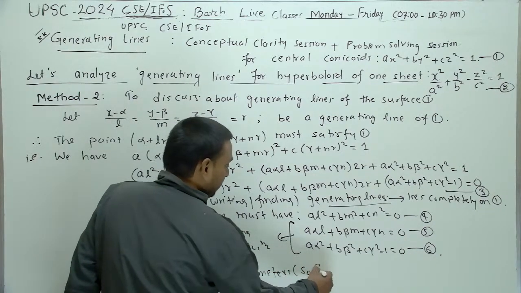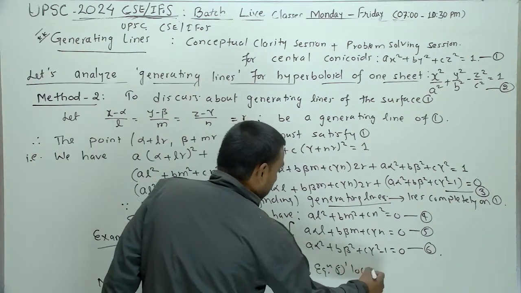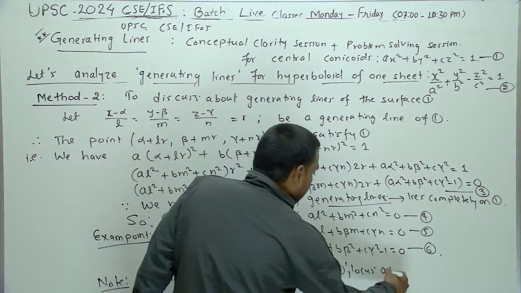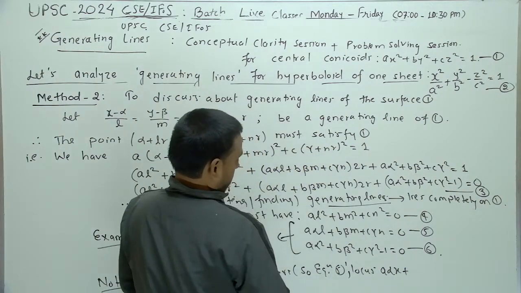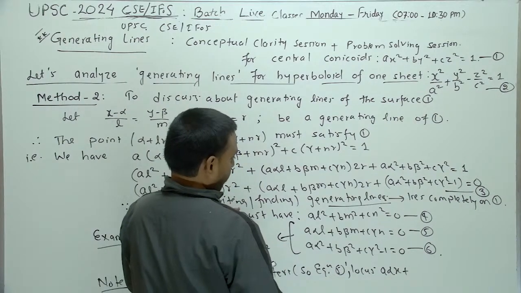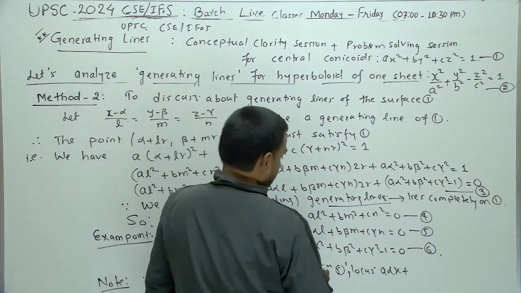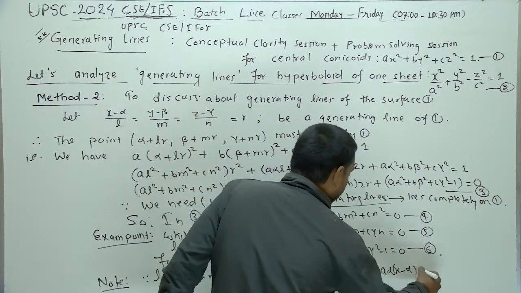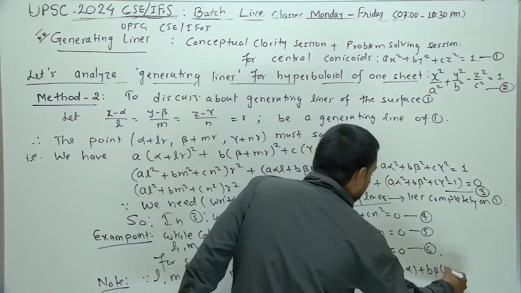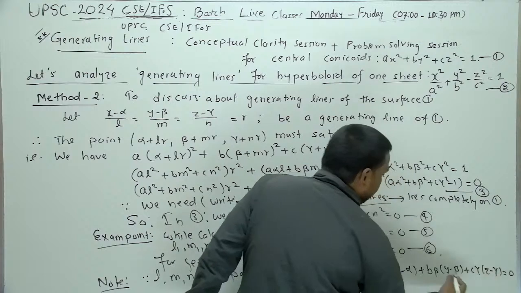So the locus of equation 5, अगर हम लिखेंगे, so we may have a alpha (x minus alpha) times l, सॉरी, x minus alpha, plus b beta into (y minus beta) plus c gamma into (z minus gamma) equals 0.